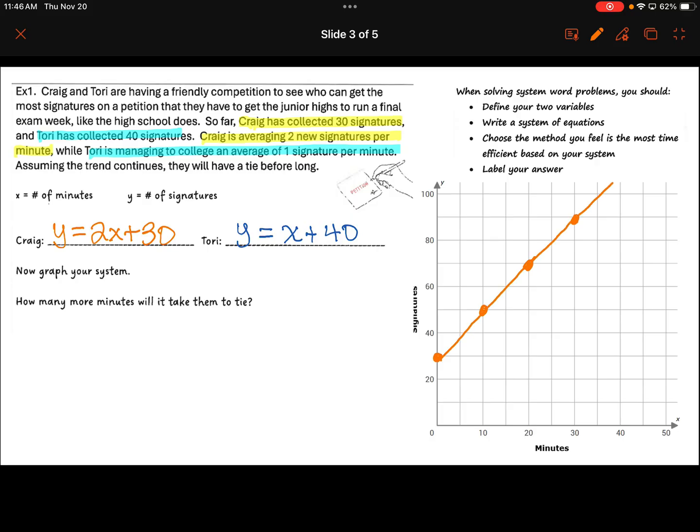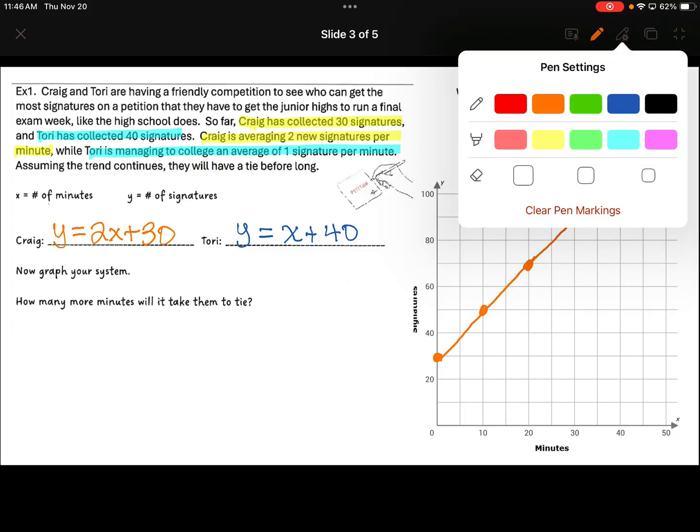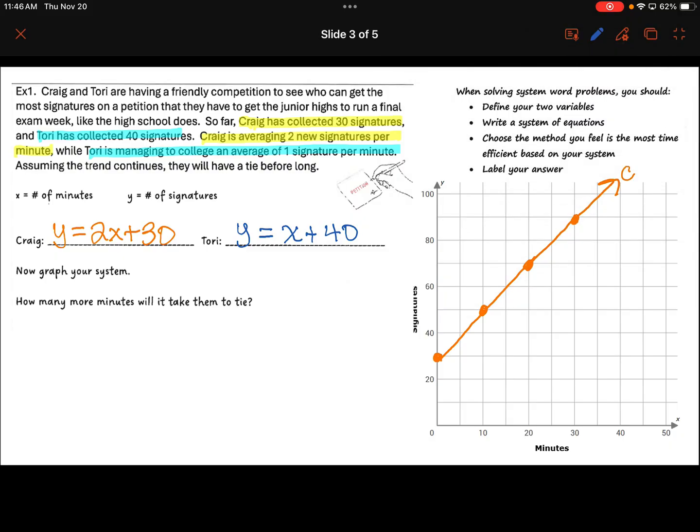I'm going to graph, and I'm going to say C for Craig. Now I'm going to do Tori. Tori starts at 40, and a slope of 1 would be the same as up 10 over 10, up 10 over 10, up 10 over 10. And I get my line, and there is Tori.